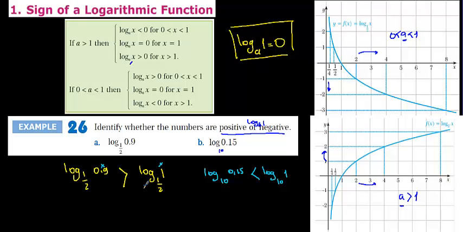So if this value is equal to 0, logarithm base 1 over 2 of 0.9 is greater than 0, and logarithm base 10 of 0.15 is smaller than 0. So the first one is greater than 0, and this one is smaller than 0. Okay.